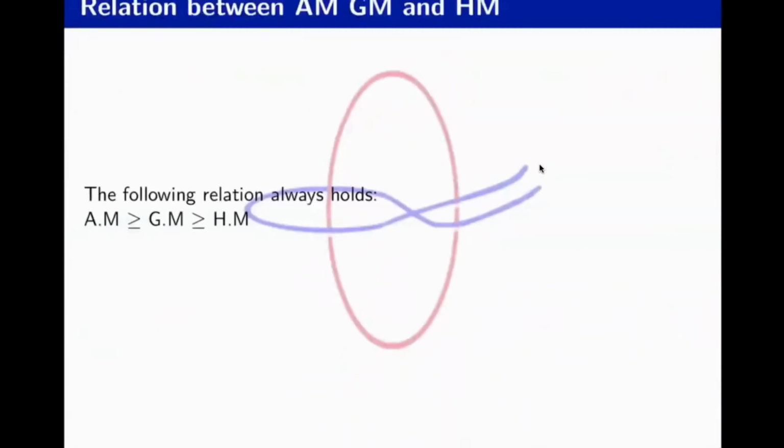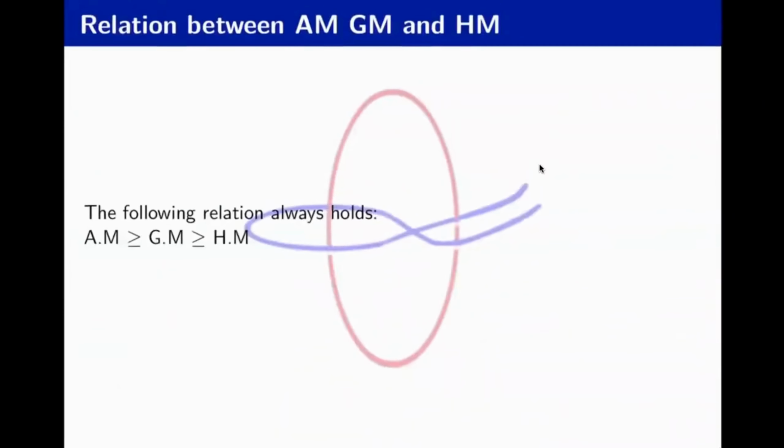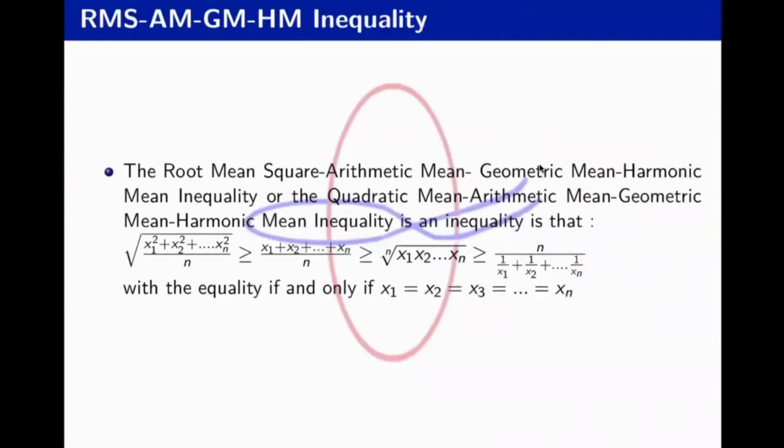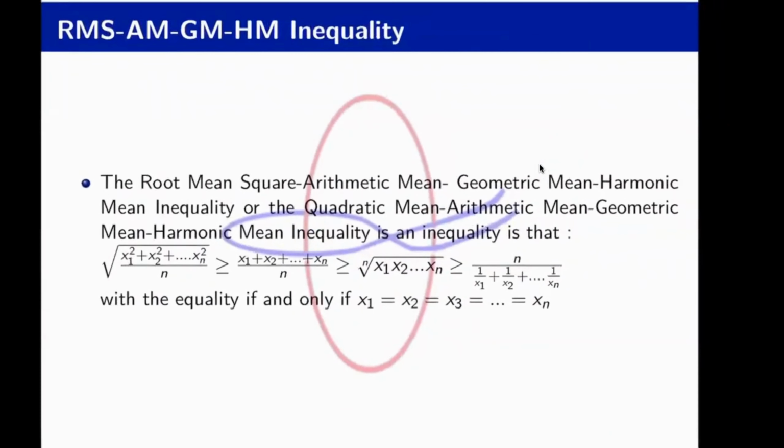Now, the relation between AM, GM and HM is that AM is always greater than or equal to GM, which is always greater than or equal to HM. RMS means the root mean square. We call this the RMS-AM-GM-HM inequality, or we can also call this the quadratic mean, arithmetic mean inequality.